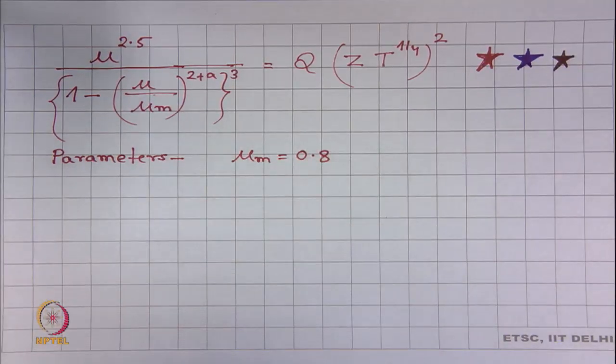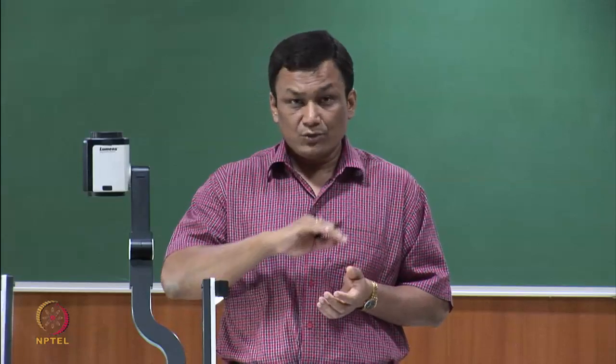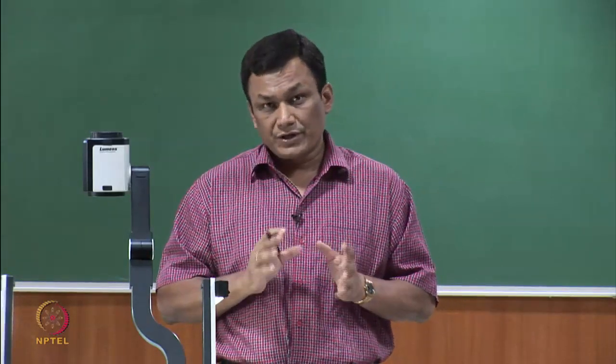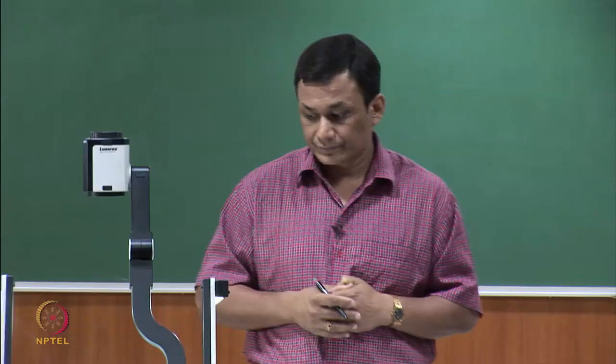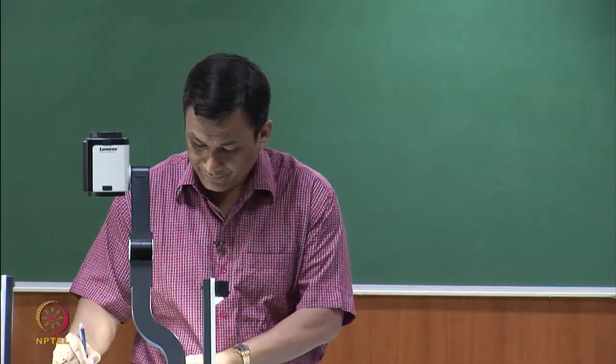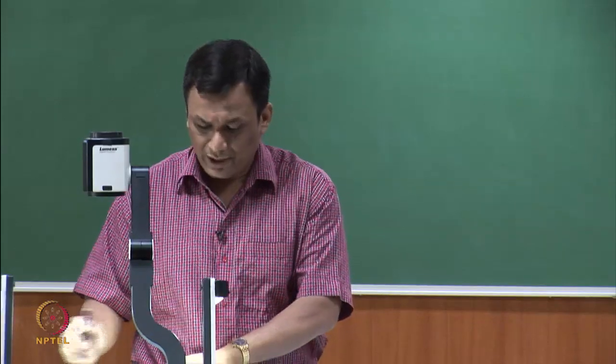We are not talking about theoretically maximum packing density, that is one, but practically maximum packing density in a yarn in one of the regions is 0.8 and this A is typically 1.